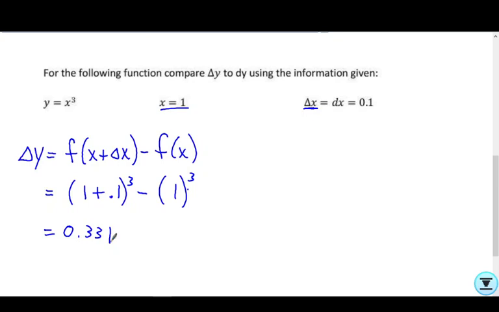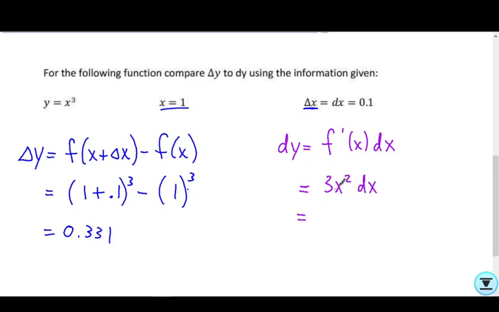Now, we're going to find dy, which is f prime of x dx. So in this case, f prime of x is going to be 3x squared dx.